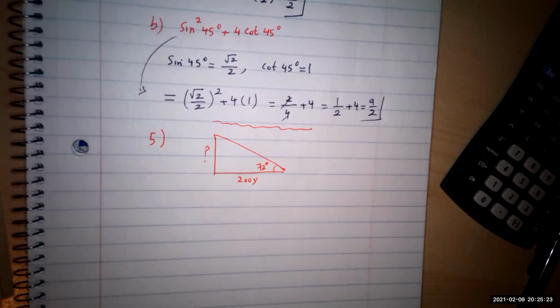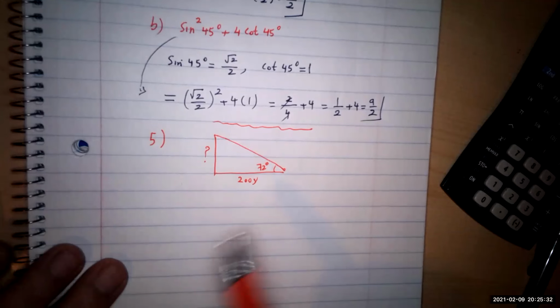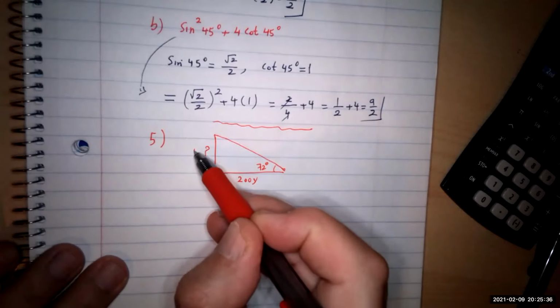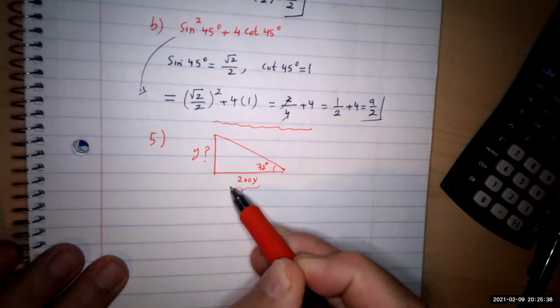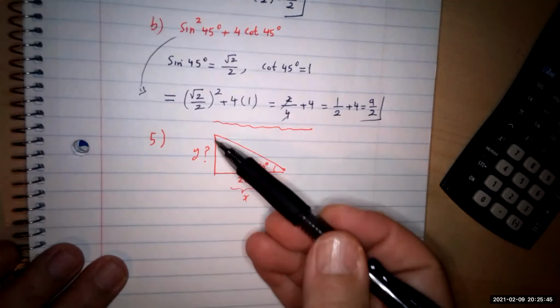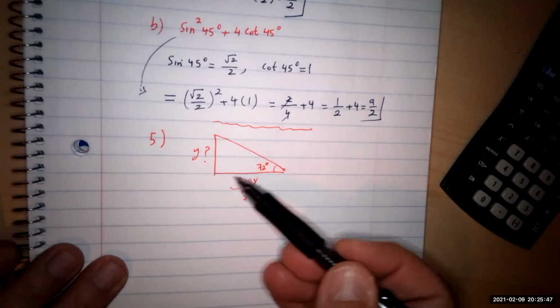We will find the tangent of 72. You just think about which one is better. This is x, if you like, and this is y, with those formulas that we talked about. So the best thing to do is tangent, because the tangent gives you the opposite side over the adjacent.